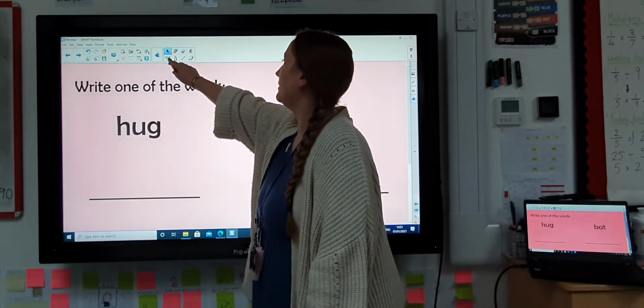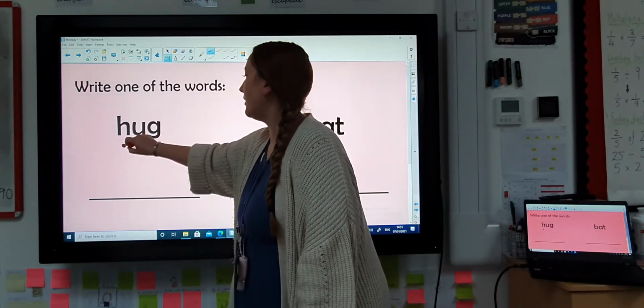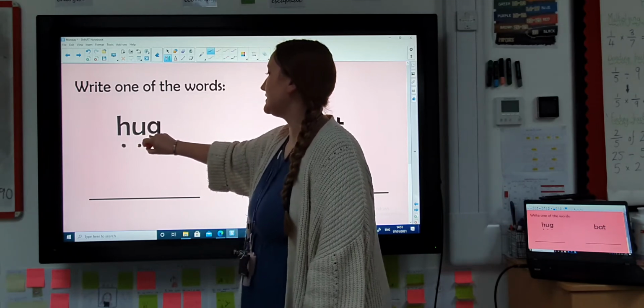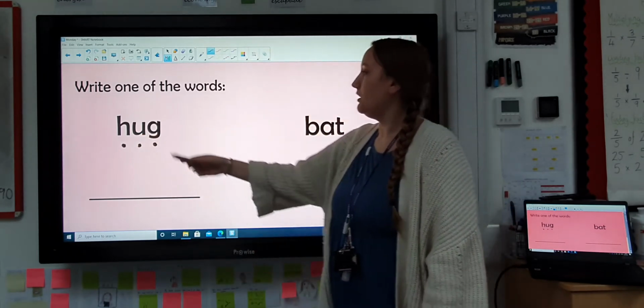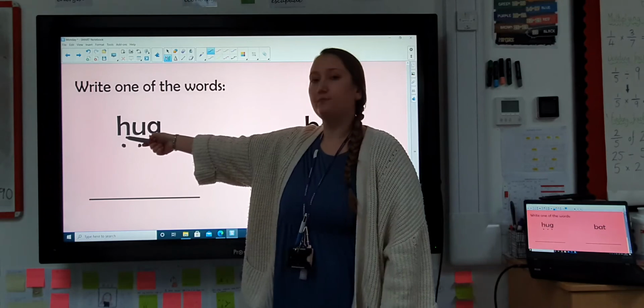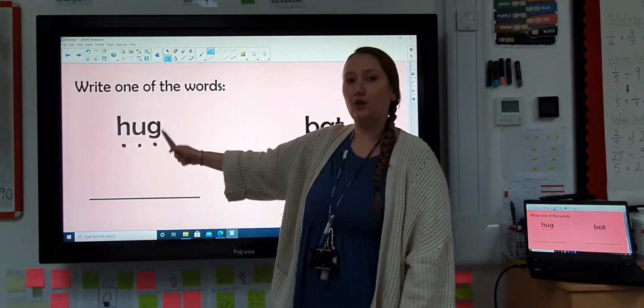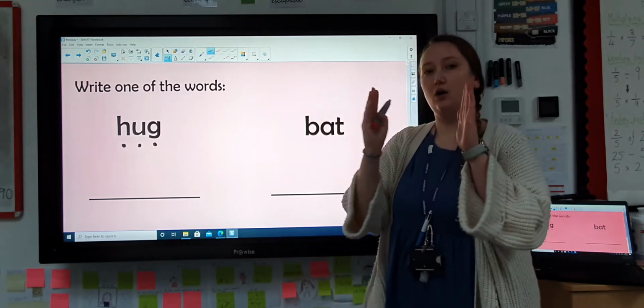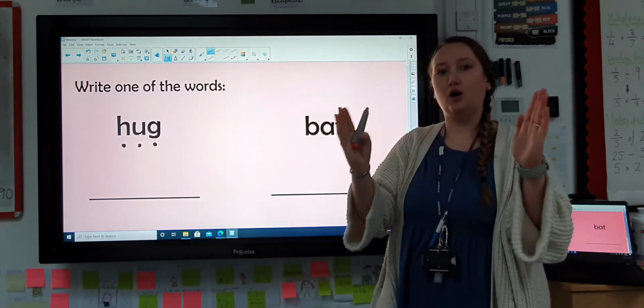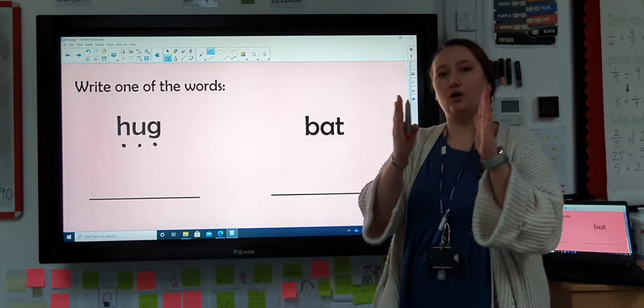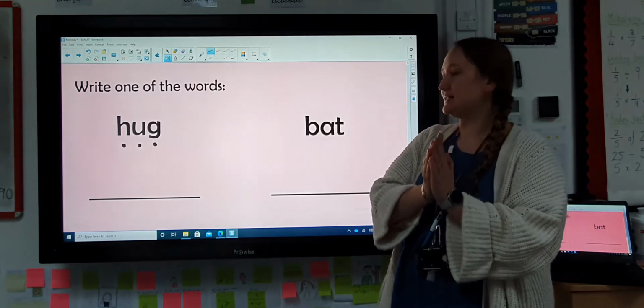So again, with our phoneme buttons, we've got 1, 2, 3. We did this word earlier, so you might remember. We have got which phoneme? H and u and g. Okay. G, G, hug. It says hug.